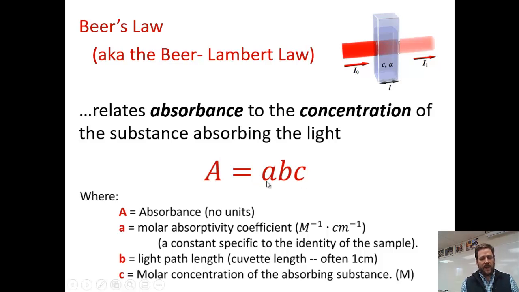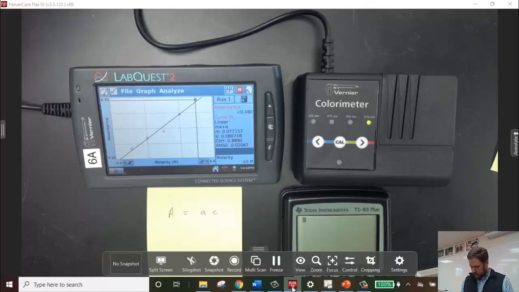The term a here is the slope of the line, the letter m. And the term b is simply the path length that the light travels through. And for a standard cuvette, that's always 1 centimeter. Since it's 1 centimeter and b is equal to 1, this equation can be simplified as A equals aC, or absorbance equals the slope of my line multiplied by concentration. So if the equation can be simplified to A equals aC, I can solve for concentration.